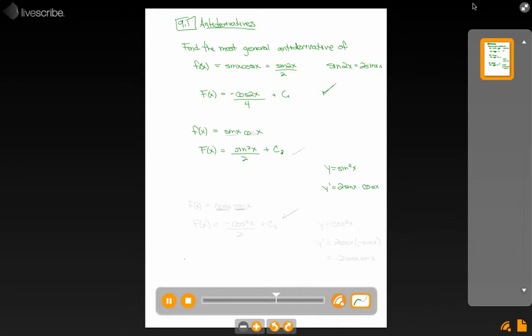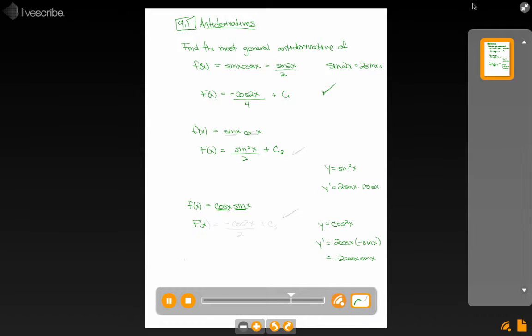Another way of thinking of it is to say, what if I called it cos x times sine x? Well, if you thought about this as what's the derivative of cos squared, it would be 2 cos x times negative sine x, or in other words, negative 2 cos x sine x.